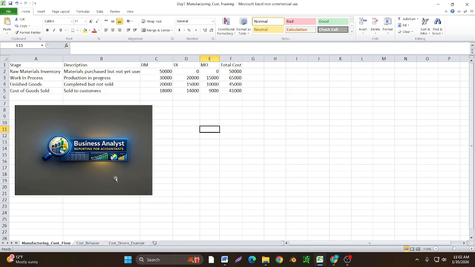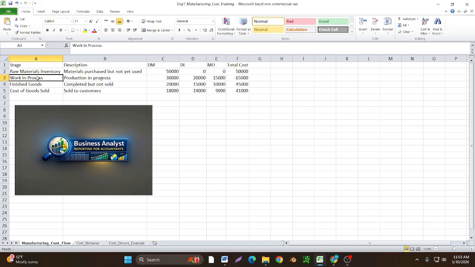Here you can see 4 stages: raw materials, work in progress, finished goods, and cost of goods sold. Raw materials are materials you purchased but haven't used yet. For example, steel, plastic, or packaging. Work in process is where your product is being built.